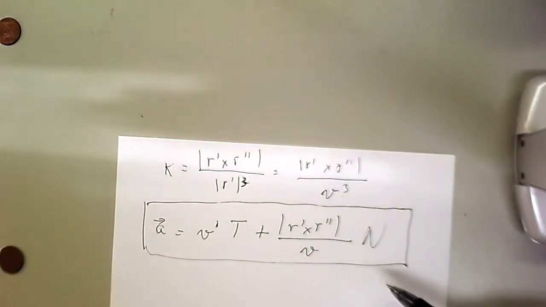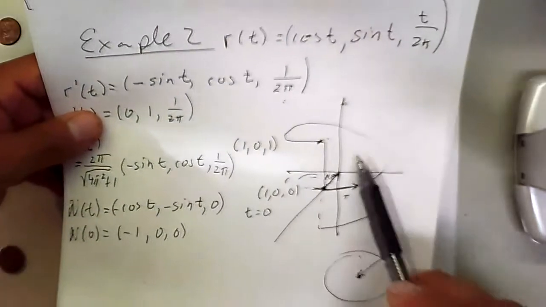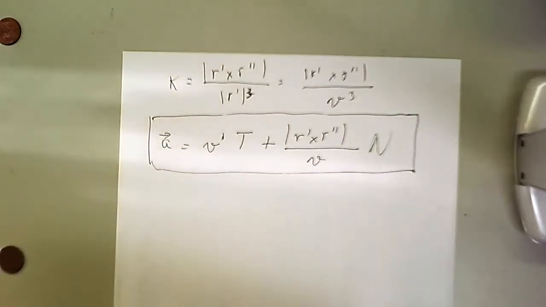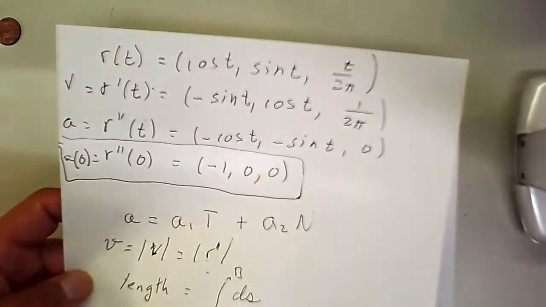Let's do a quick example. Let's repeat example 2, the one we did here. Sorry. There it is. In example 2, we finished and we ended up with this answer.